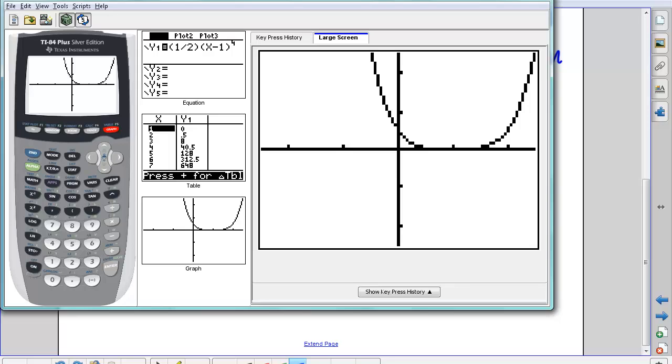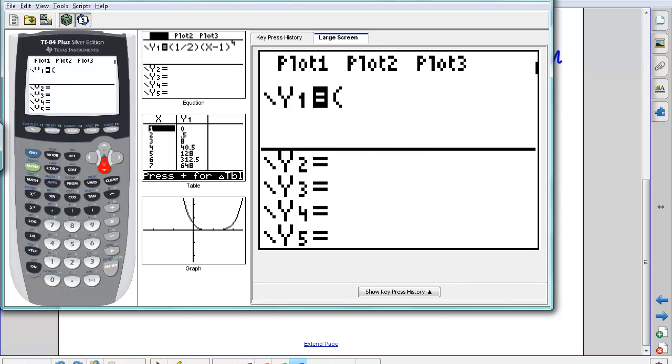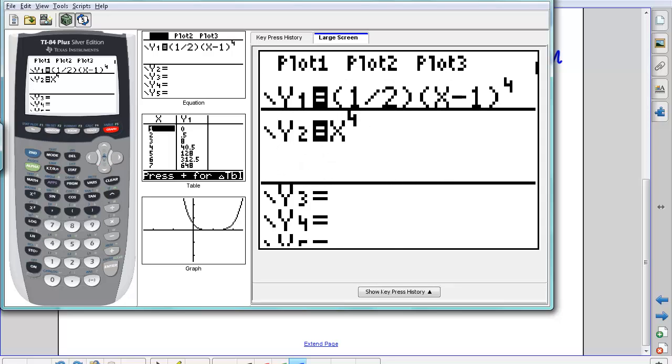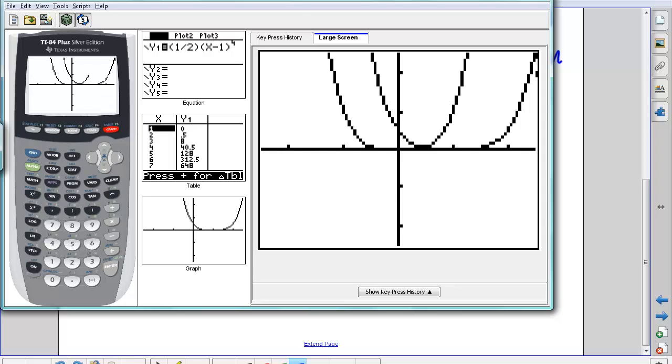So shifted to the right, if we want to compare that to our original graph, x to the 4th, you'll notice it's shifted to the right and it's compressed just a little bit. Okay, maybe hard to tell, but this one right here is just a little bit flatter than this one right here.